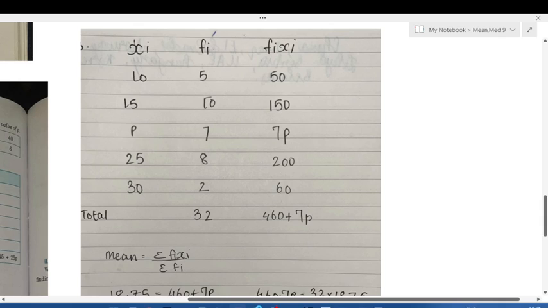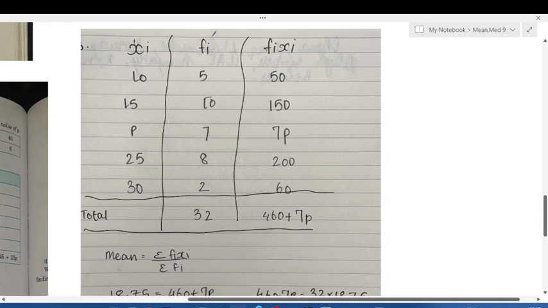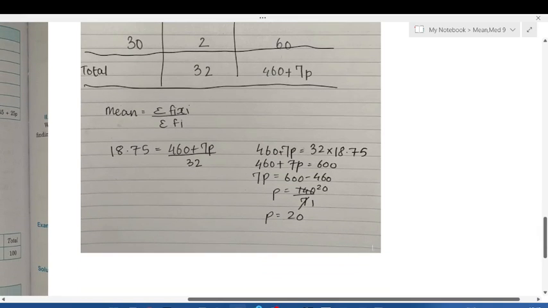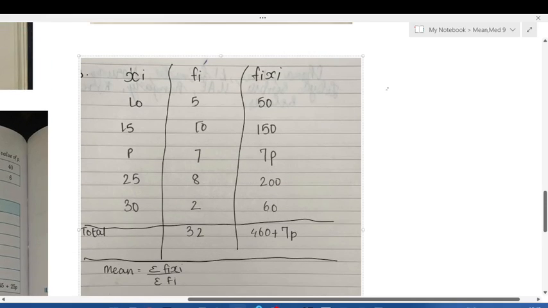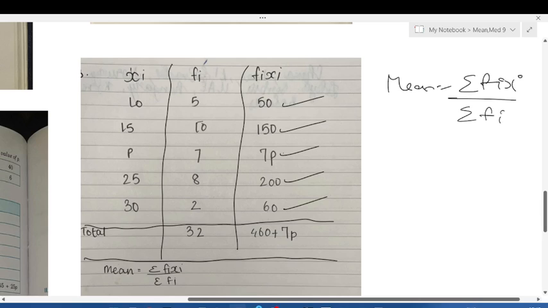Then multiply. Okay, 10 5s are 50, correct. 150, 7 into p, write it as 7p, 260. Then the formula is mean equals summation of fi xi divided by summation of fi.